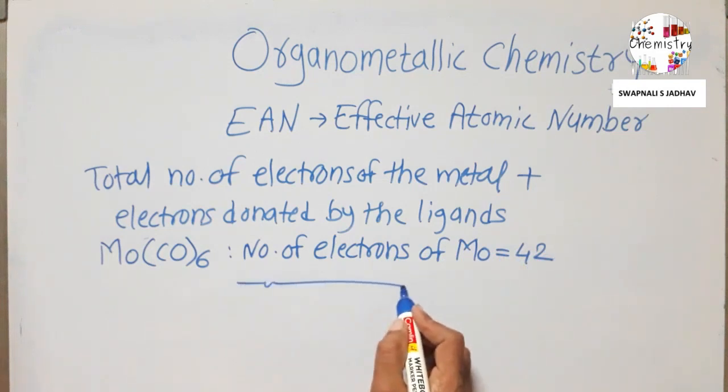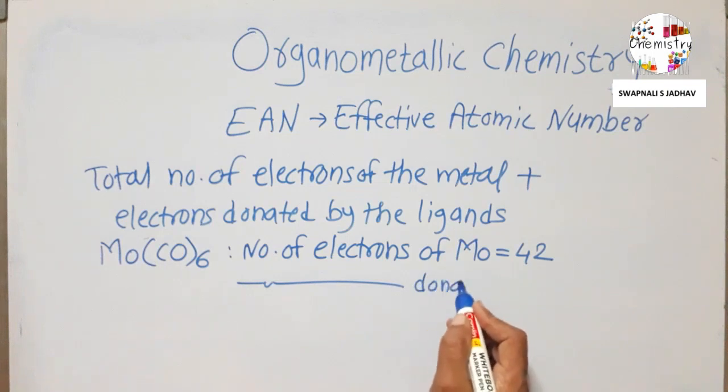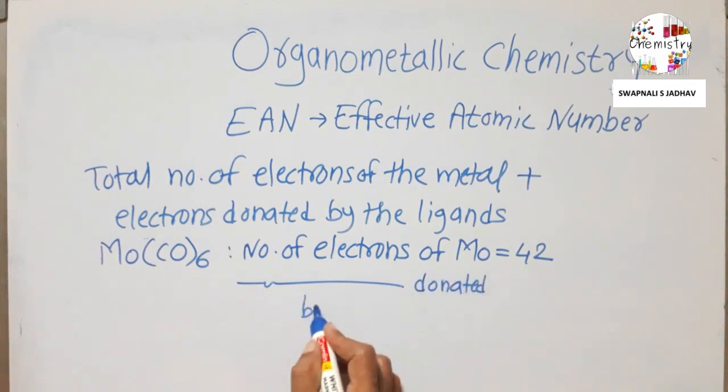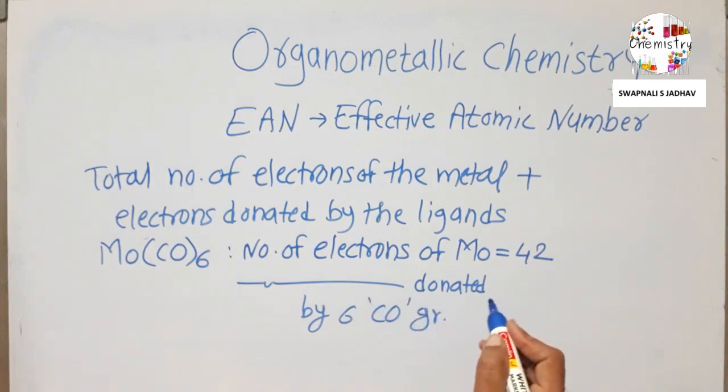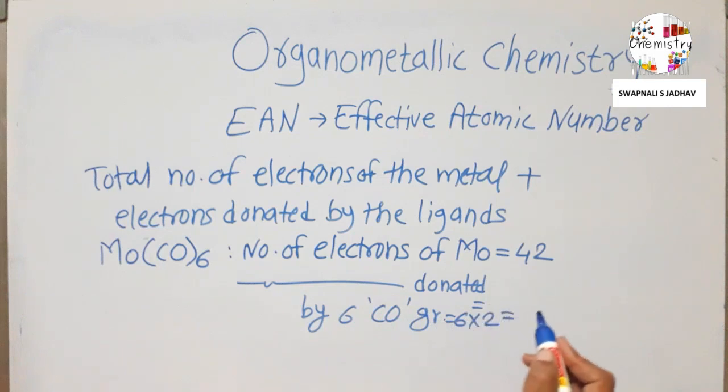Number of electrons donated by 6 carbonyl groups is how many? 6 into 2, that is 12.